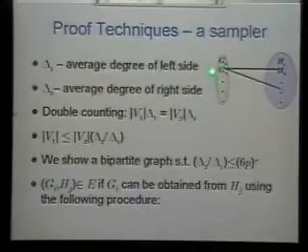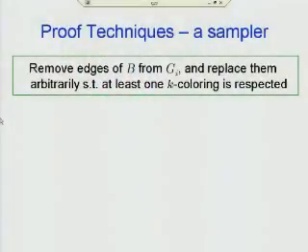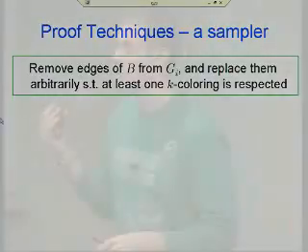So you take a graph here, you apply the procedure. So you take a graph which is B bad. You rip out all the edges of B, and you redistribute these edges amongst all the other edges so that at least one K coloring is respected.